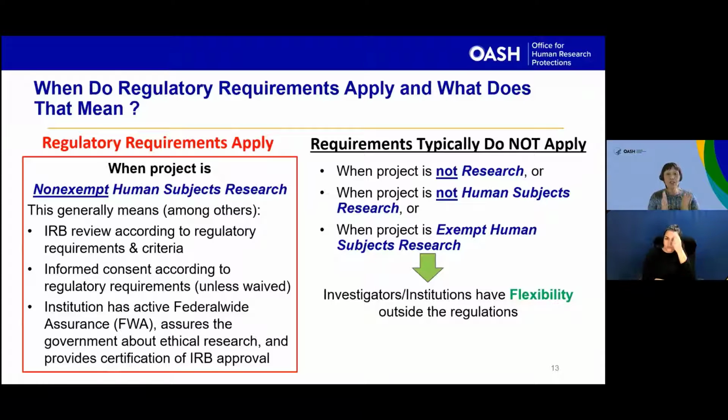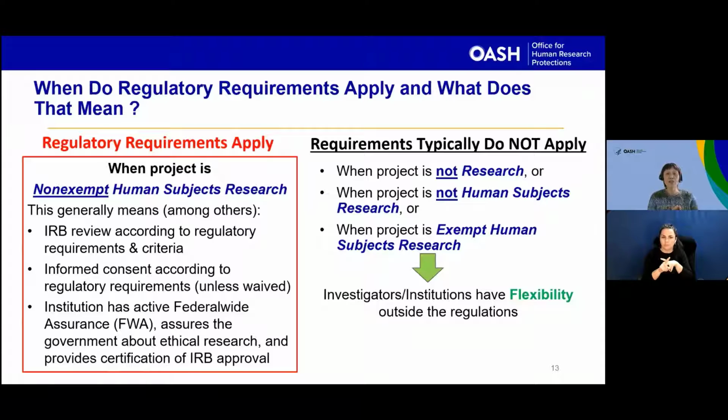So when the project is not research, is not human subjects research, or is exempt human subjects research, what does that mean? It means that the Common Rule requirements, especially with regards to IRB review and informed consent requirements and so on, do not apply.